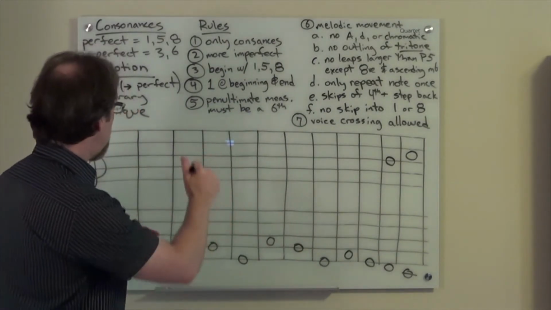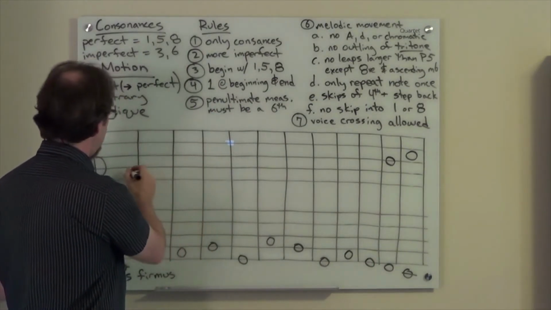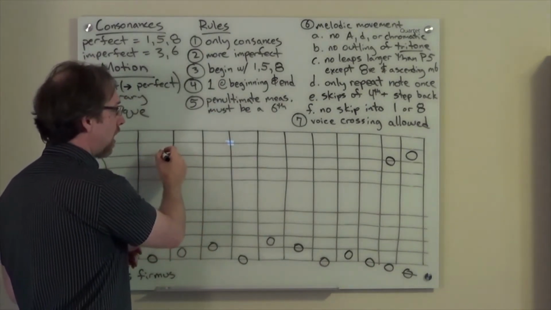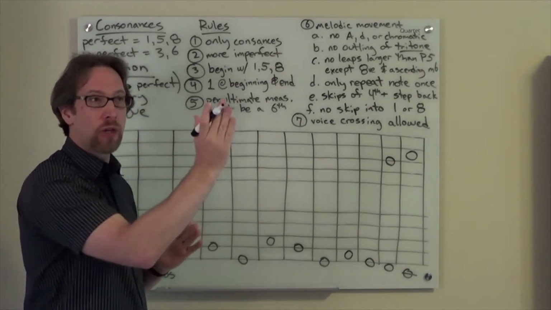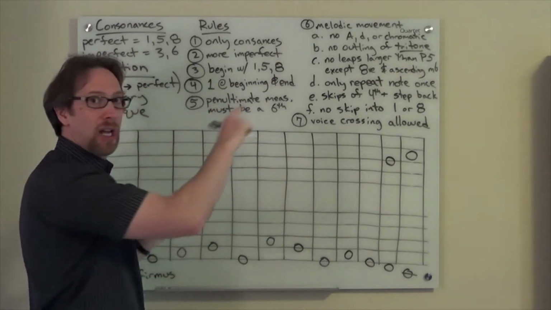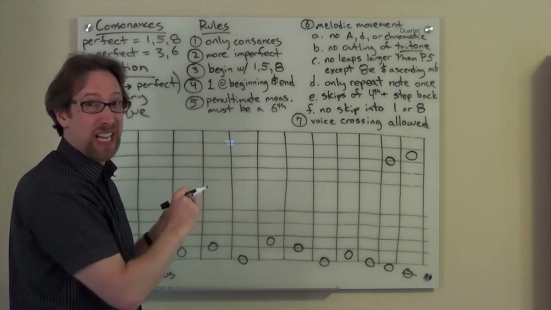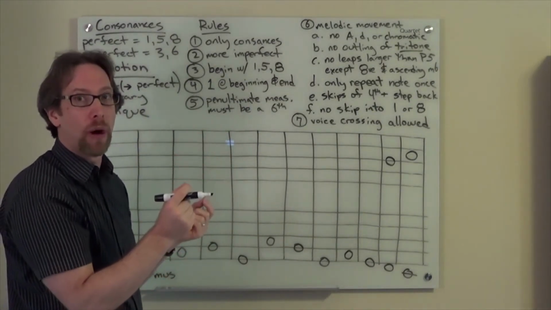Which would mean you couldn't say start on an F, go up to a B, and then come back down to an F, because F to B in that one direction would outline a tritone. So in this case, F to B would be an augmented fourth.